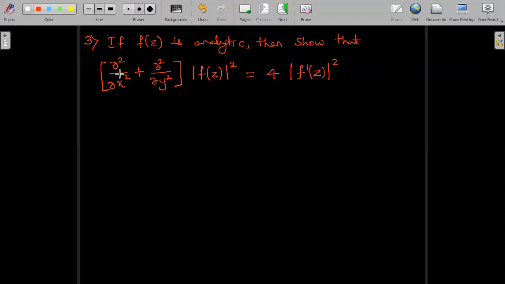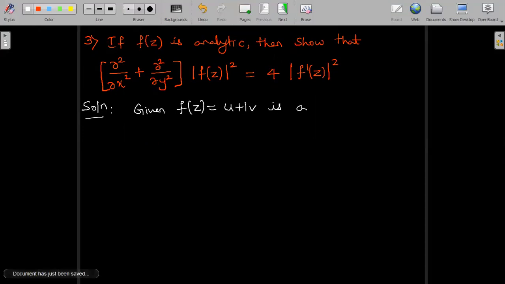Since f of z is equal to u plus iv is analytic, it is the given data for us. So solution, given f of z is equal to u plus iv is analytic. So later if needed we can use CR equations. Let us see what is mod z if f of z is u plus iv.